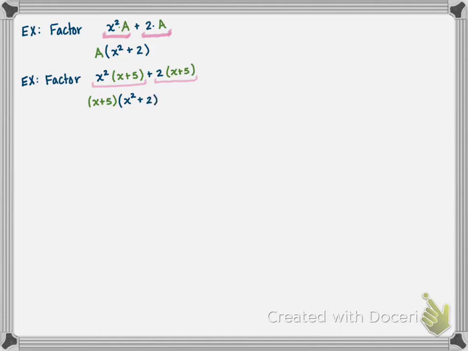And if you get it all mixed up about what goes in the leftovers, the second set of parentheses, you can literally take the factor out, physically, take a factor of x plus 5 out of both terms, and what you're left with is what goes in your second set of parentheses. So if you are getting it all mixed up about what that should look like, actually use your eraser and erase your factor, and it'll tell you what's left.